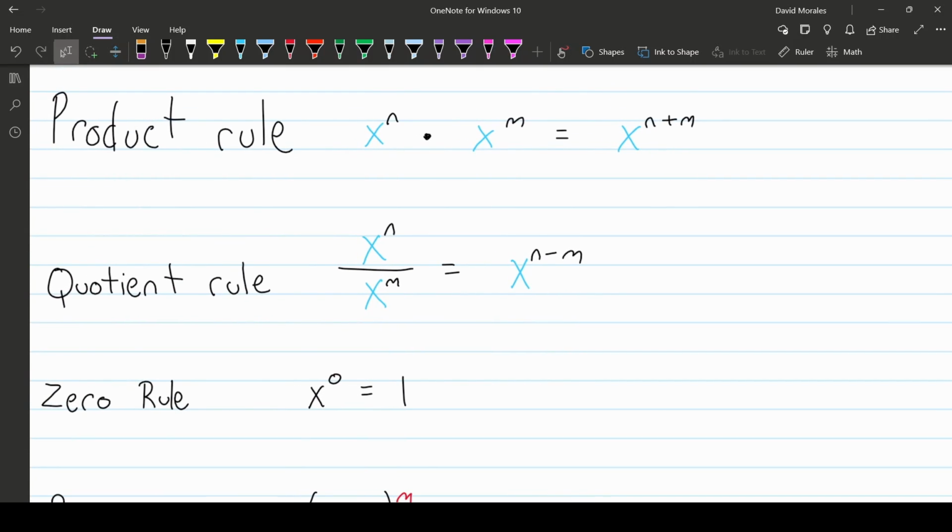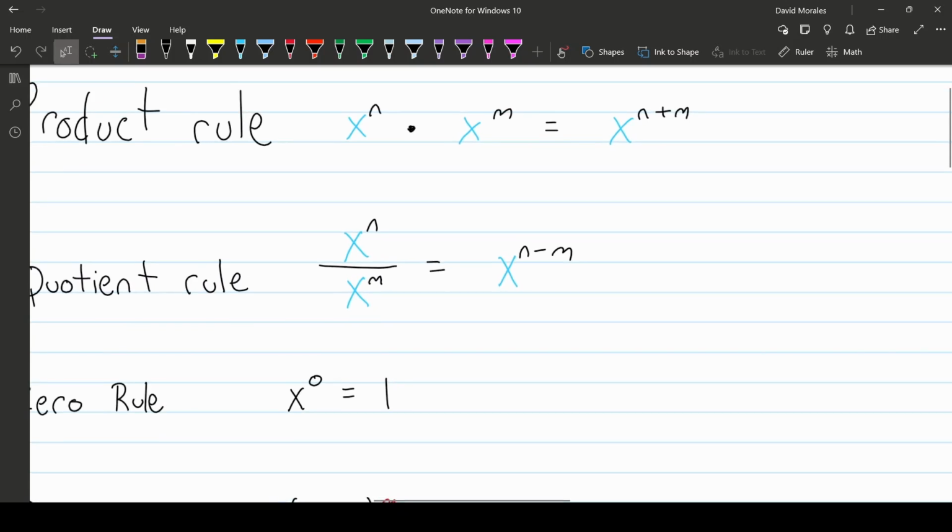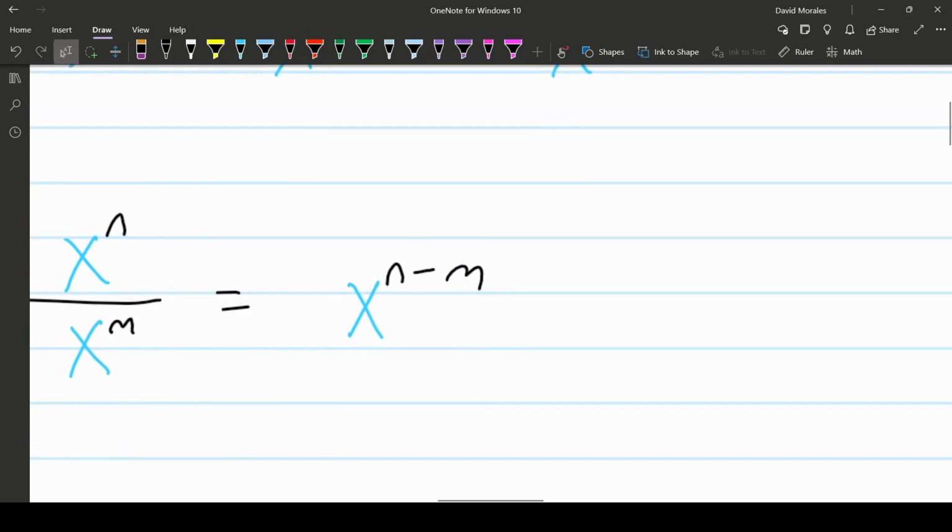The quotient rule, and notice product is multiplying, quotient is dividing. So if I end up adding my exponents for the product rule, for the quotient rule I'll be subtracting my exponents. So if I have the same base, which is 2, and they're being divided, it doesn't matter what my exponents are.